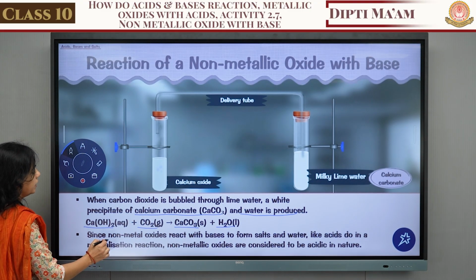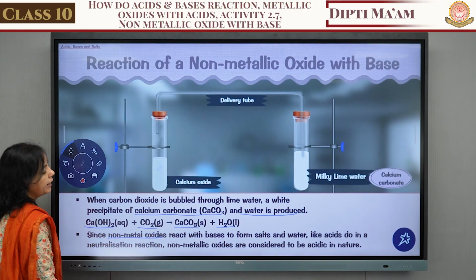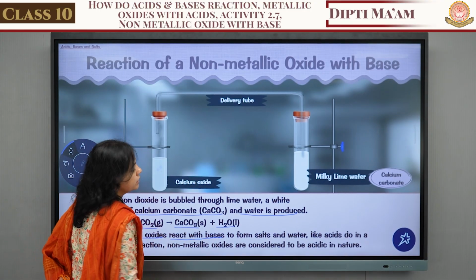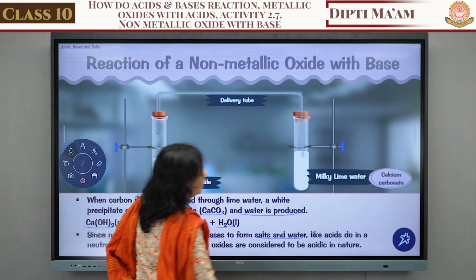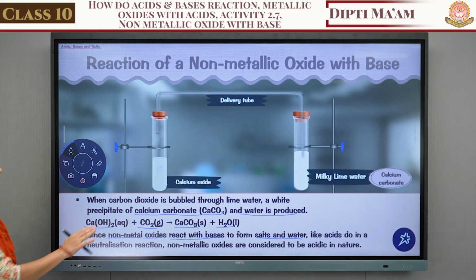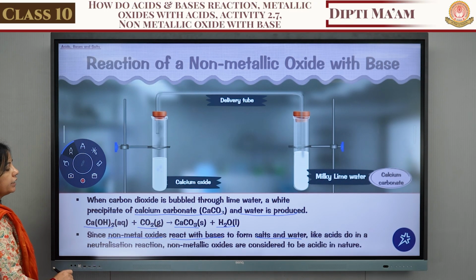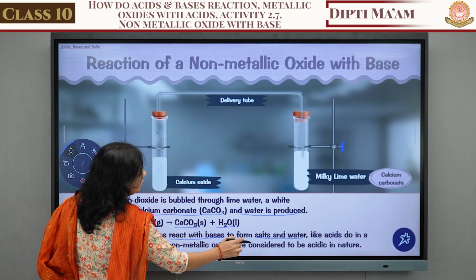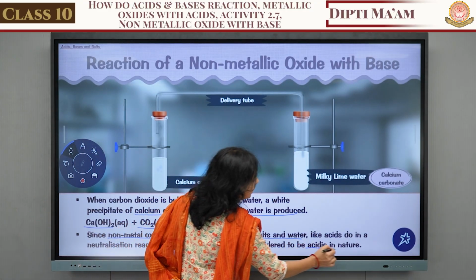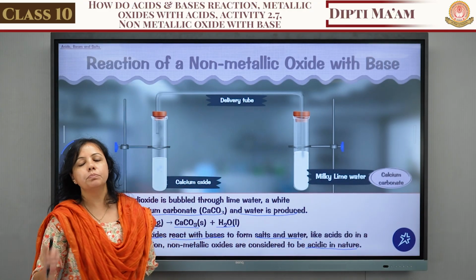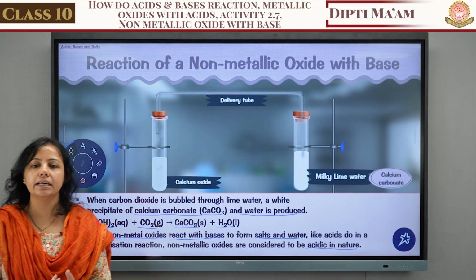So what can you keep in mind? Non-metal oxides react with the bases to form salt and water. And like acids do in a neutralization reaction, non-metallic oxides are considered to be acidic in nature. That means metallic oxides are basic in nature.